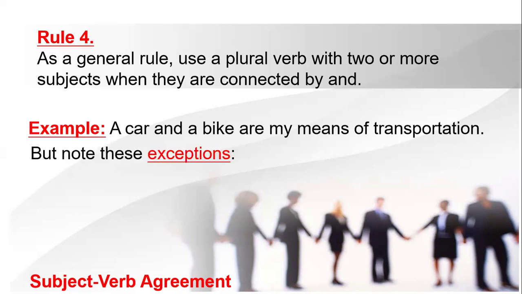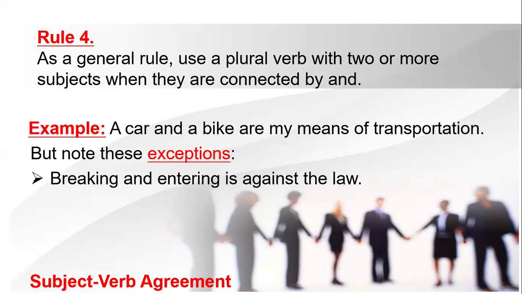But note these exceptions. Sometimes you have exceptional cases. That's why once again you fail to point out such pointers and you cannot find the error. That's why you fail to rectify the errors. Breaking and entering. Breaking and entering are used as a compound subject here.